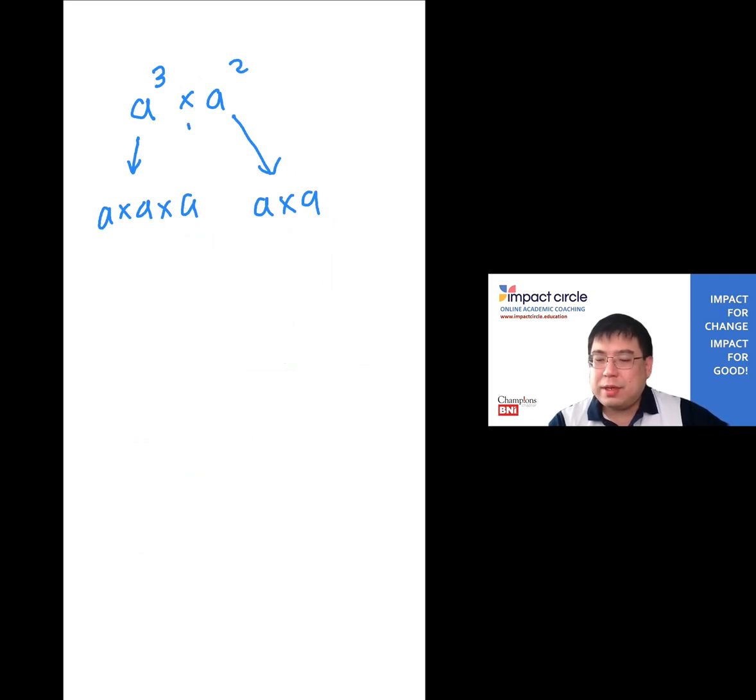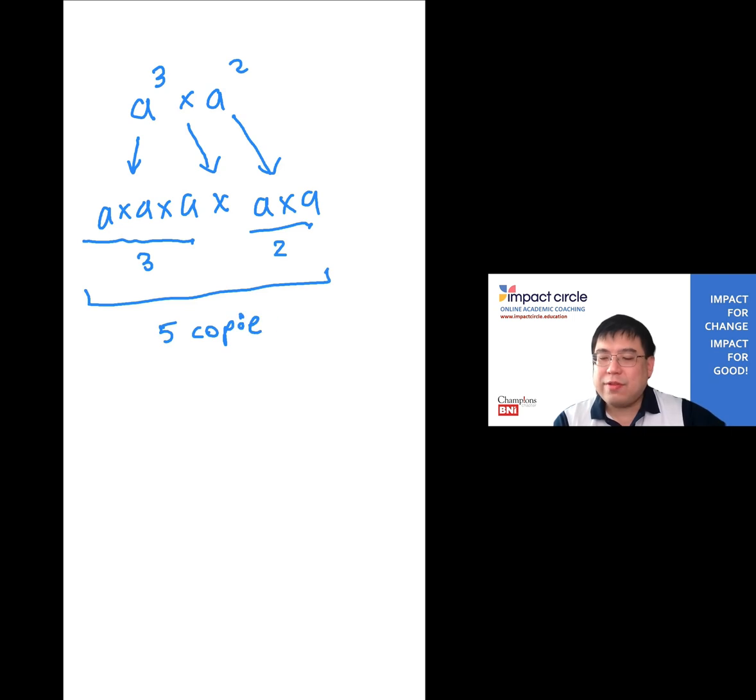And in the middle, we have the operation multiply as well. Right? So we actually have 3 copies of a multiplied by 2 copies of a. Okay? And in total, we have 5 copies of a multiplied together.